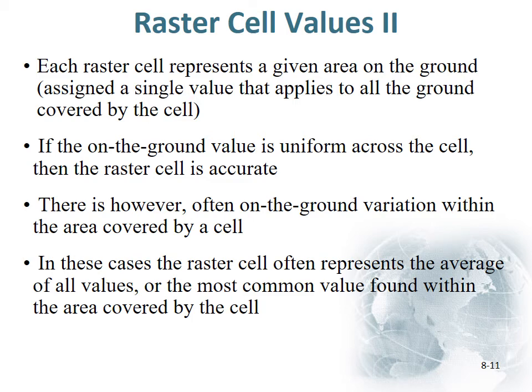And so any given cell may actually be comprised of information from different geographic phenomena, but it's consolidating, aggregating that information into a single value. So raster cells are often, the value that we have in them is typically going to be computed or calculated from that variation. So, for example, think about a satellite image in a pixel size of 1 kilometer on a side.